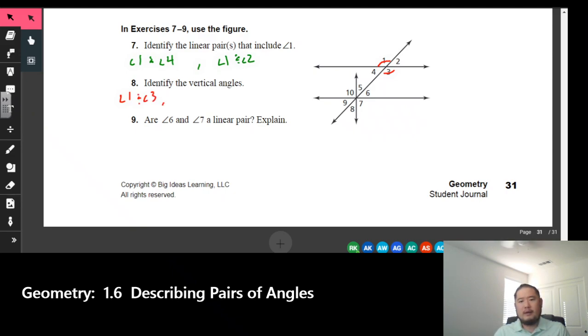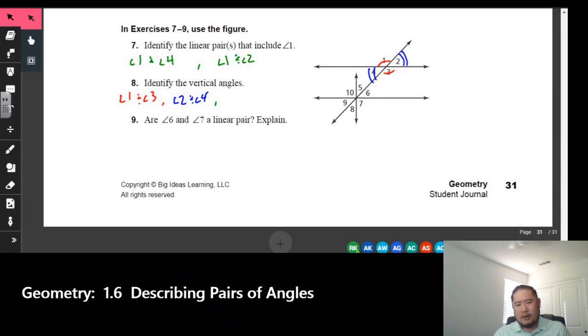Another one, we've got right here angles 2 and angle 4. There are a few more. You could see them also down in this section. Hopefully you get them.